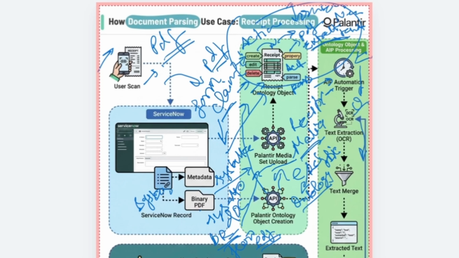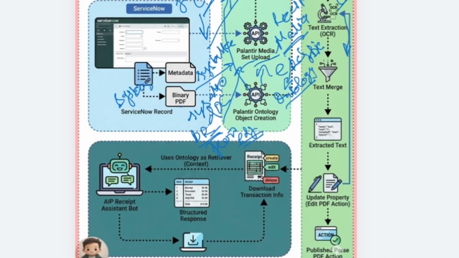It extracts the information, merges everything together, and then uses the edit action to update the extracted text property of the PDF. Once this automation completes, the ontology object has the PDF and all the extracted text of the PDF. So now you have both pieces of information in the ontology.